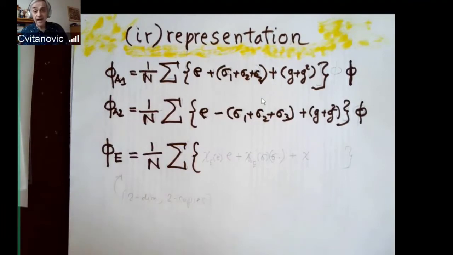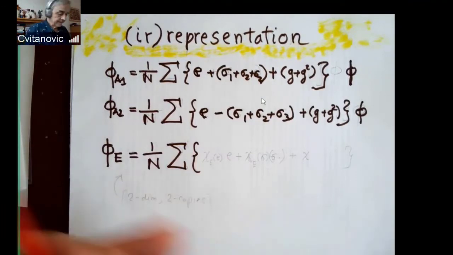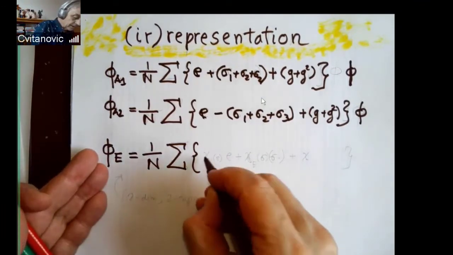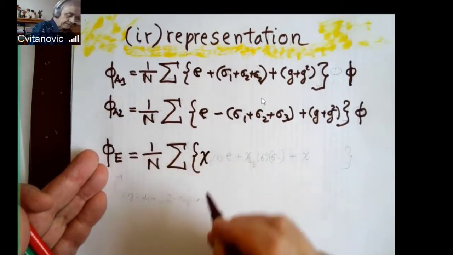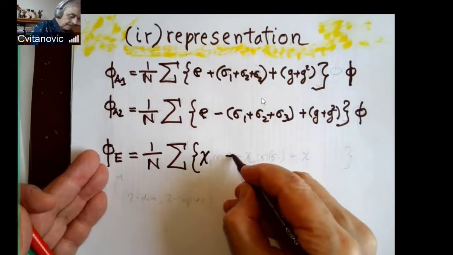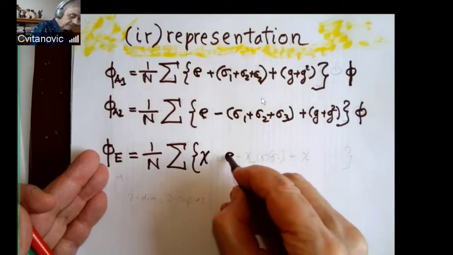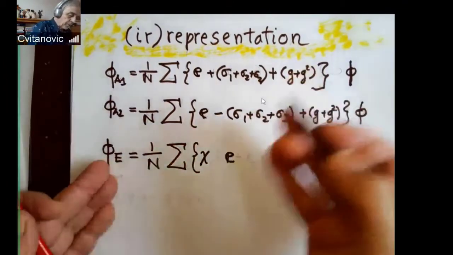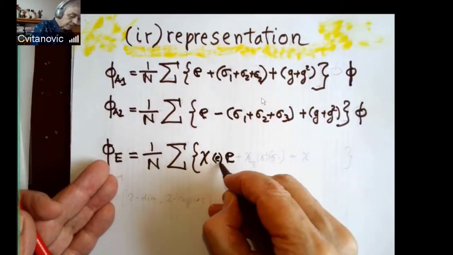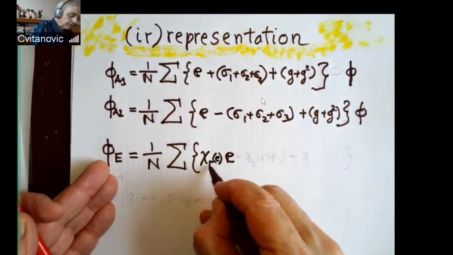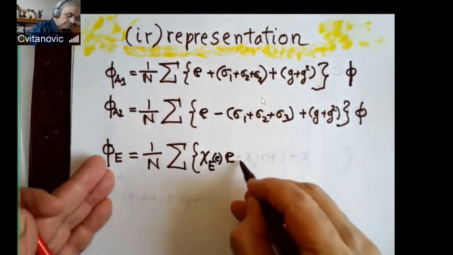And then there are other things that happen. Now I'm giving you some examples, and they all turn out to be written as a group operator, a character of the operation for a given representation.